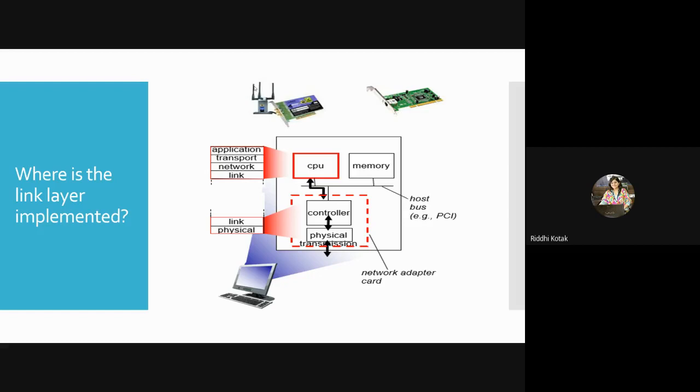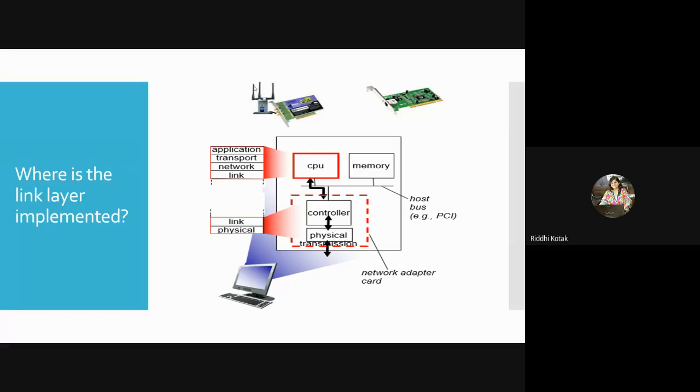Another thing is the NIC, the network adapter card. NIC means network interface card, or you can say network adapter card. To access the internet on your device, whether it is your laptop or your desktop, you need that NIC card, and through that you are able to access the internet functionalities. So where is it located?